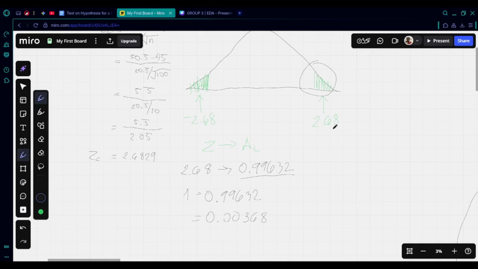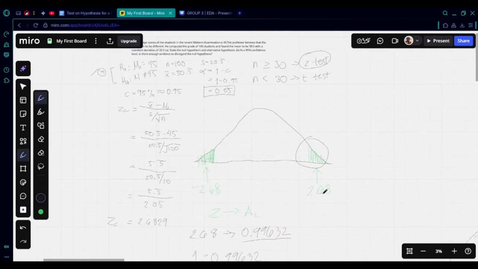So this one is 0.00368, and this one is the same, 0.00368 as well.